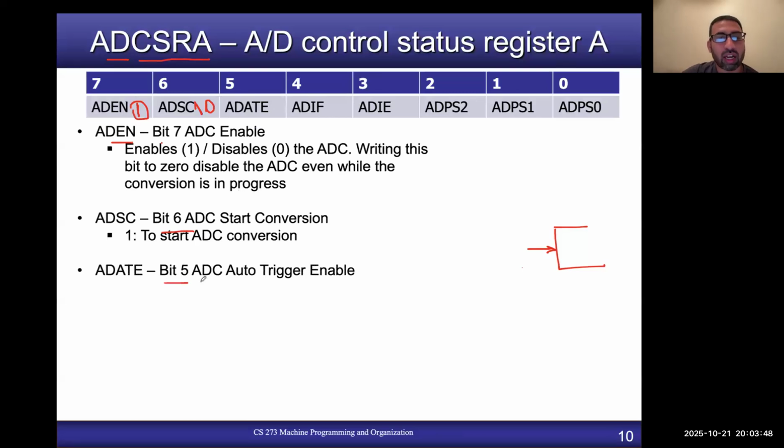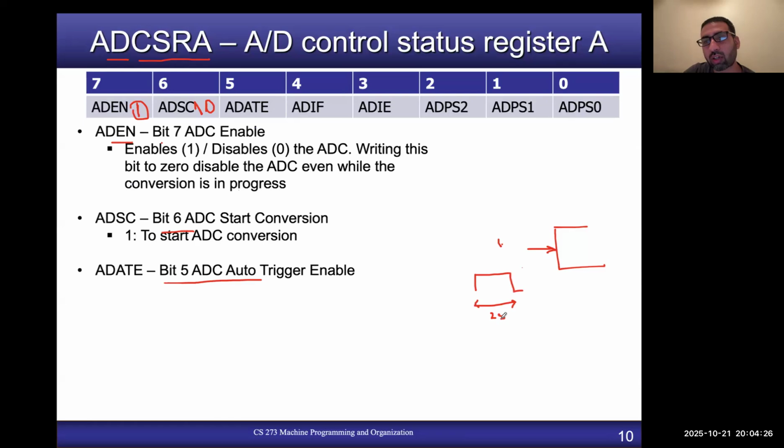Okay. Bit 5, ADC auto trigger enable. So what does it mean? Let's say your input is 1 volt on this input, and you want to convert it into digital form. Let me draw this signal: let's say the input stays at 1 for 2 seconds. How frequently do you want the analog input to be converted into the output?